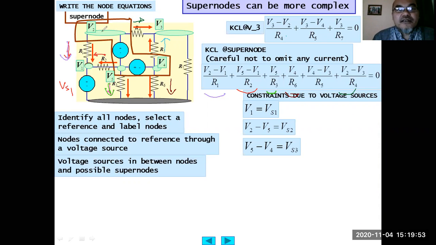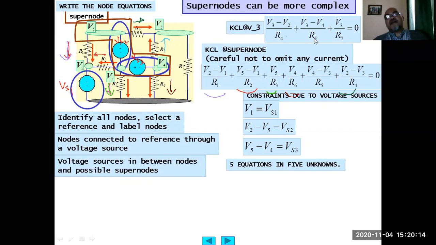Then V2 minus V5, where V5 is here, is Vs2. And V5 minus V4 equals Vs3. That is the constraint from the voltage sources.